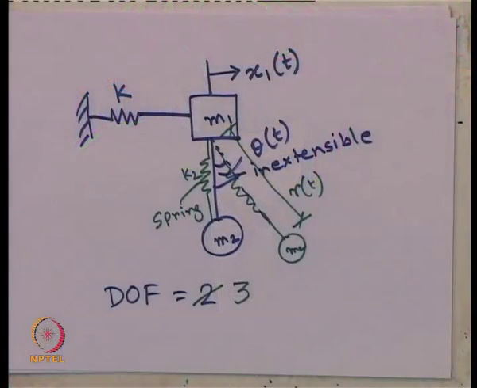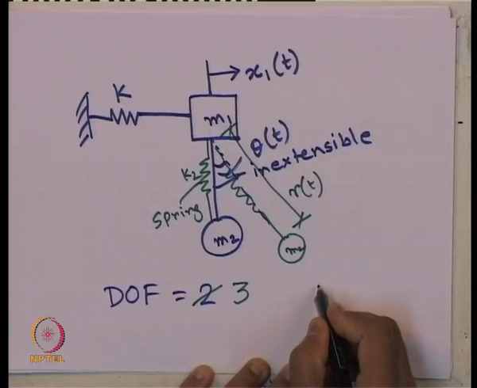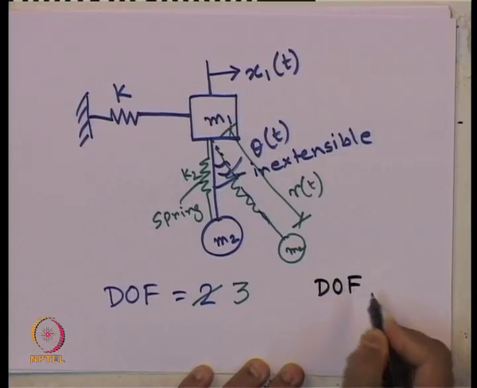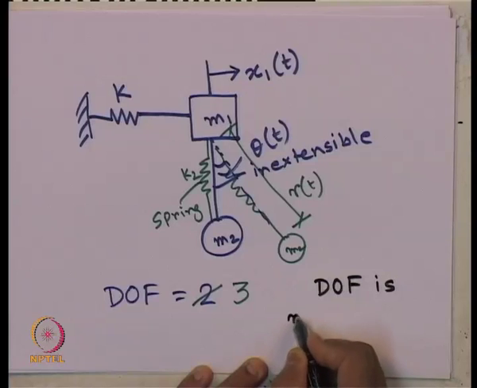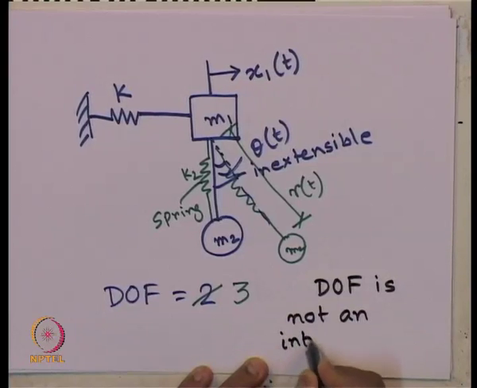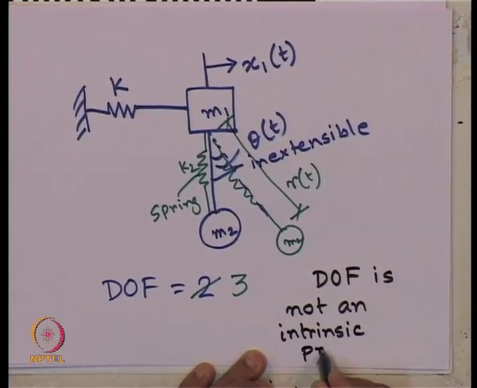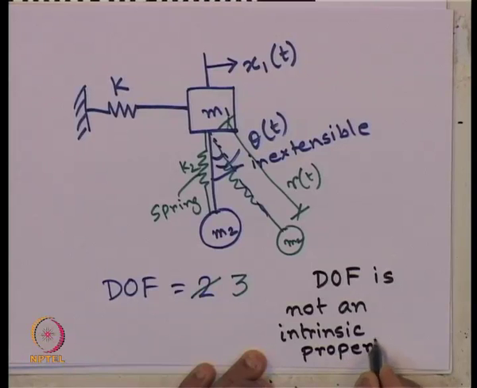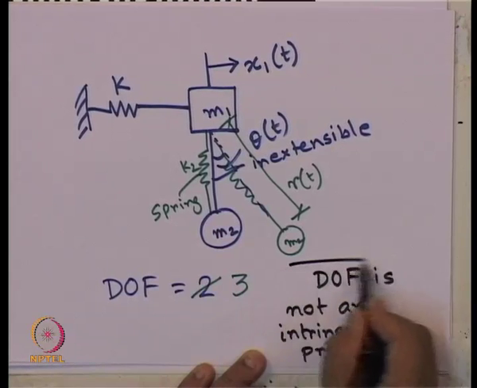But from all these examples what we can mention, let me write it down. DOF, degrees of freedom, is not an intrinsic property of the system. Why?